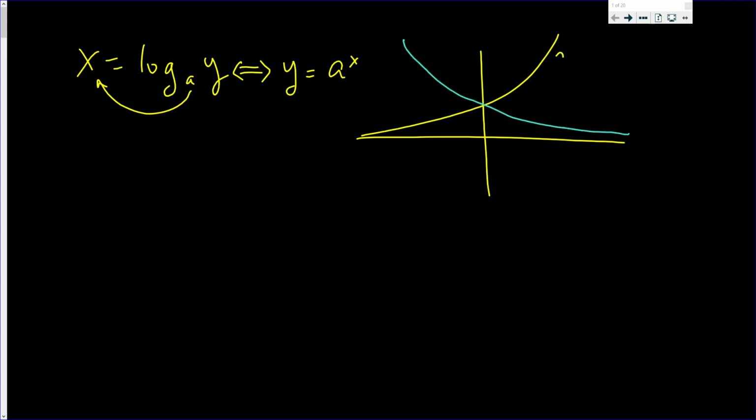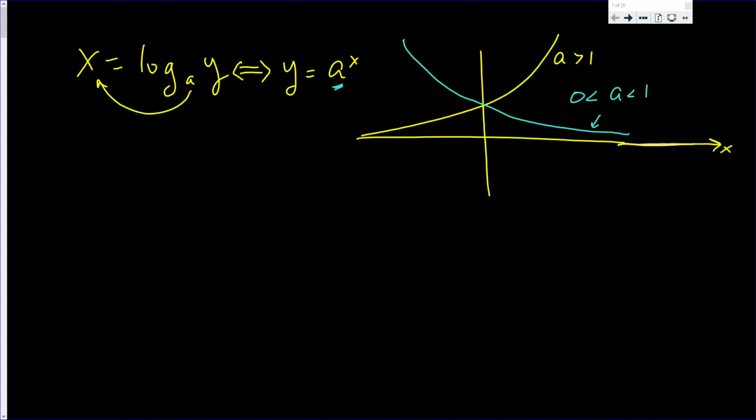It looks like the first one if a is bigger than 1, and it looks like the second one if a is less than 1 but positive. Remember, it makes no sense for a to be negative. And these graphs, they get closer and closer to the x-axis.